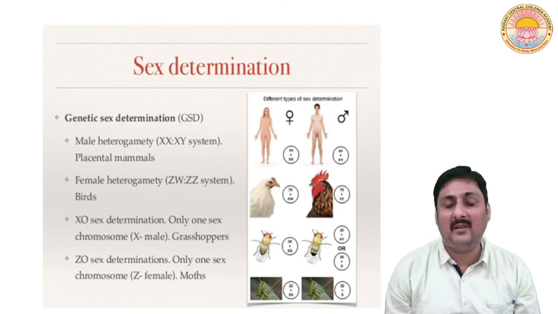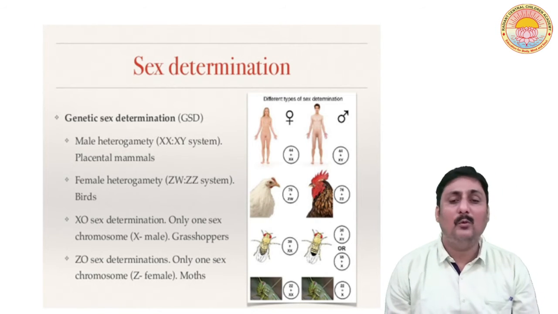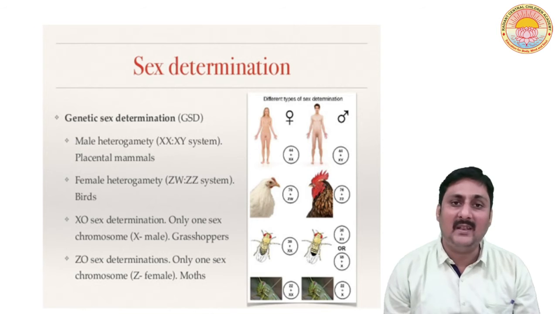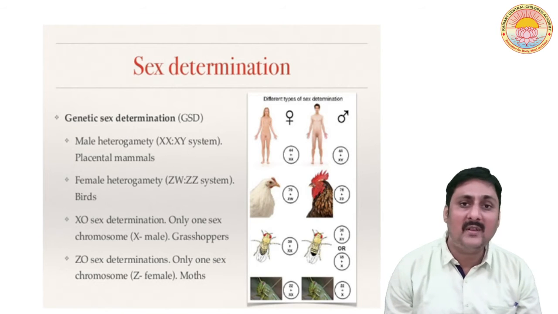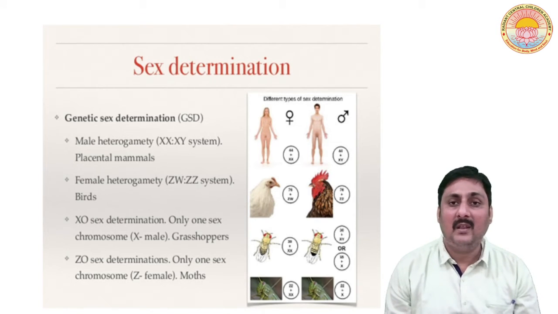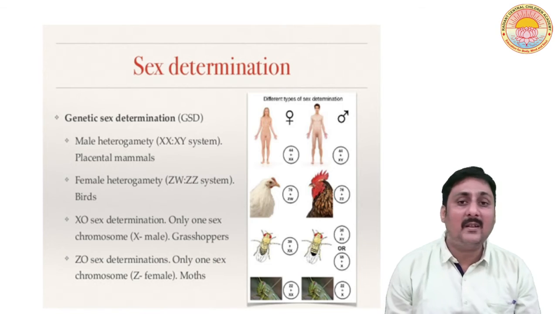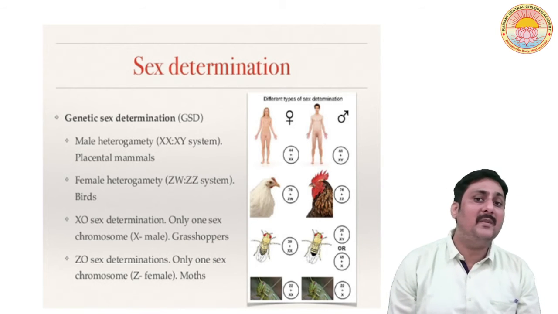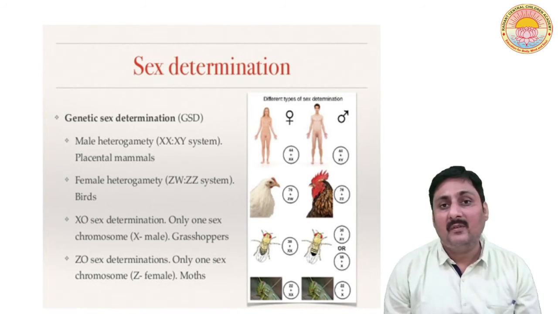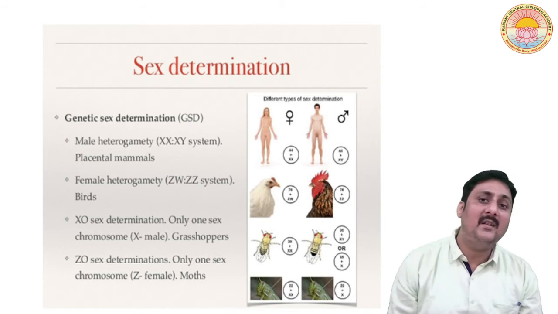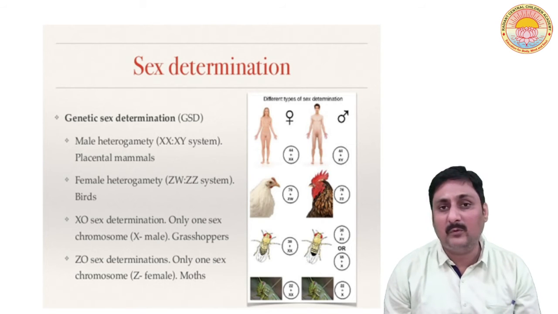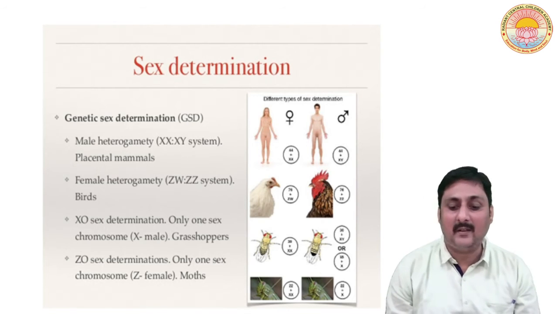Eggs have only the X chromosome, so eggs do not decide the gender of a child. It is a chance factor whether a Y-containing sperm or an X-containing sperm fuses with the ovum, and that decides the gender.